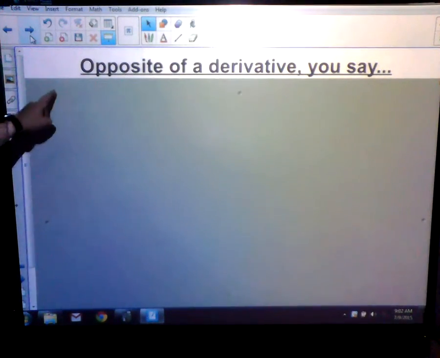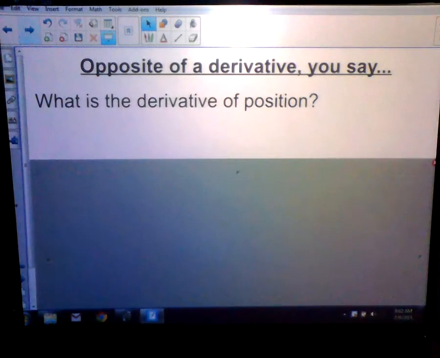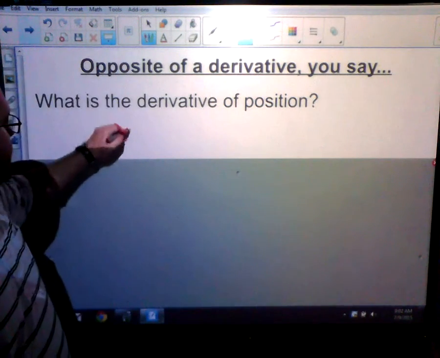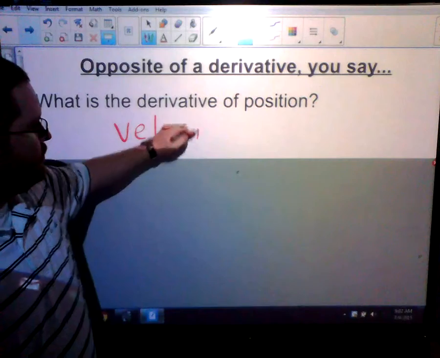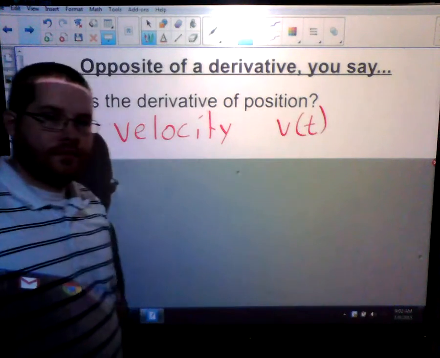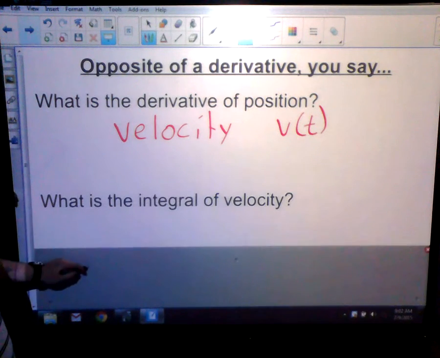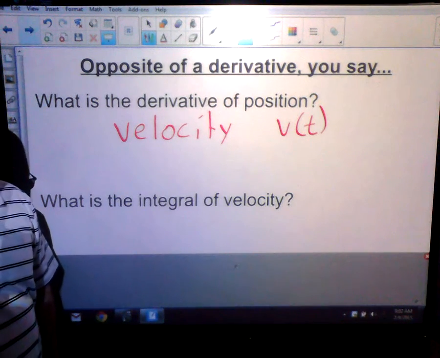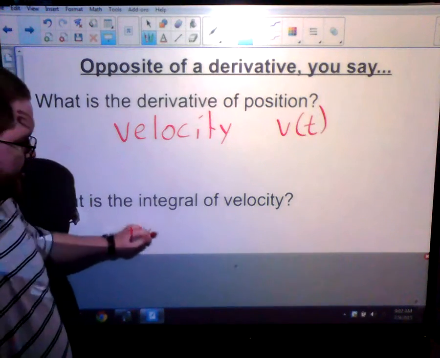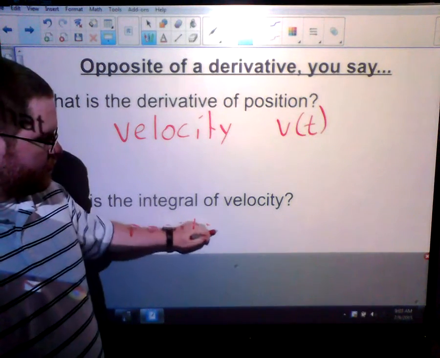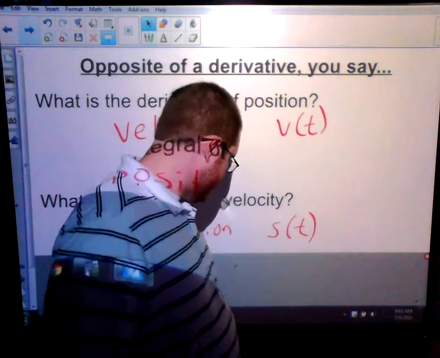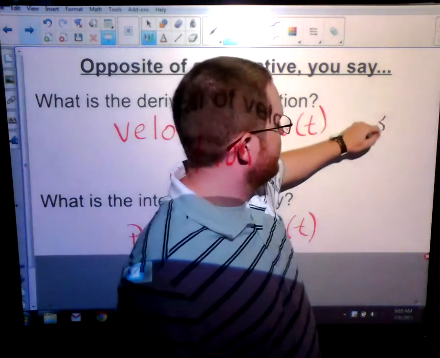Opposite of derivative. What's the derivative of position? Well, the derivative of position is velocity. Then what's the integral of velocity? If I work backwards, what's the integral of velocity? I'm back to position. If you remember a long time ago, I gave you this chart.